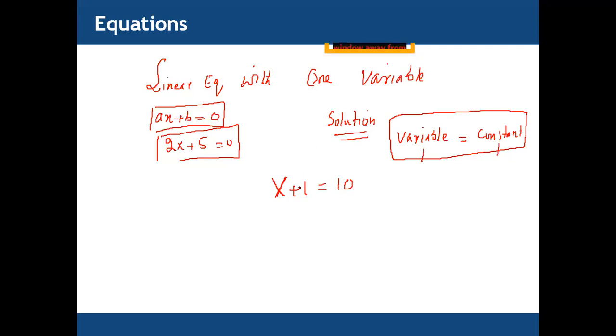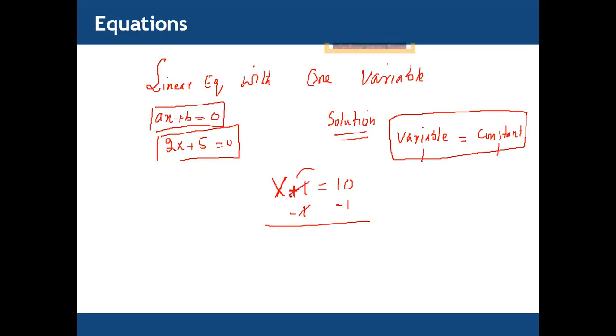Like we have plus 1, so I want to finish this plus 1. We don't have transferring in mathematics, but you can say we transfer this one. In mathematics, if you want to finish this plus 1, add minus 1 to both sides.